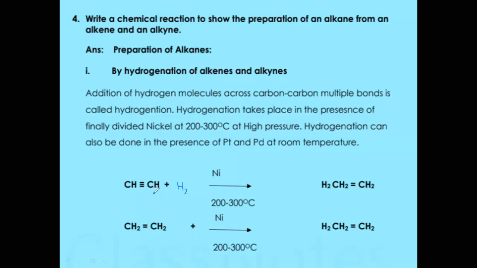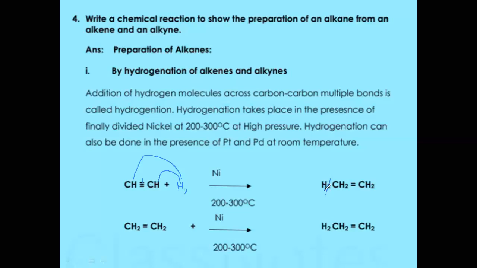So this alkyne, after hydrogenation, because hydrogenation means one of the three bonds will break, and there H2 means there are two hydrogen atoms. One hydrogen atom will add at one carbon atom, and the second will add at the second carbon atom. As a result, you can see we have CH2=CH2.